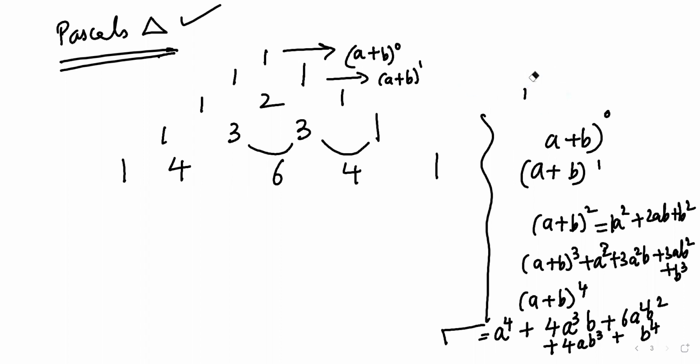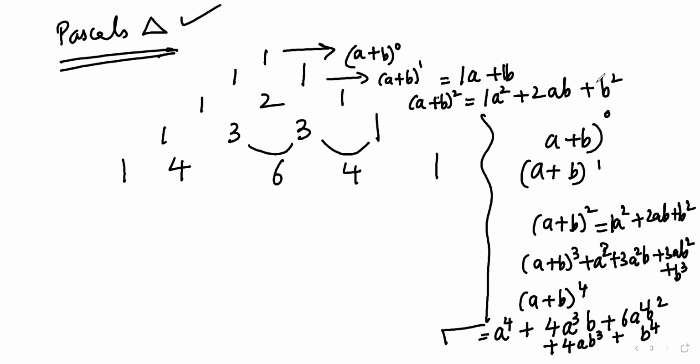One minute, I'll just make space. (a plus b) power 1 is a plus b. Coefficient of a is 1, coefficient of b is 1. Got it? So that 1 and 1 come from here, right? Next is (a plus b) power 2, which will be a square plus 2ab plus b square.